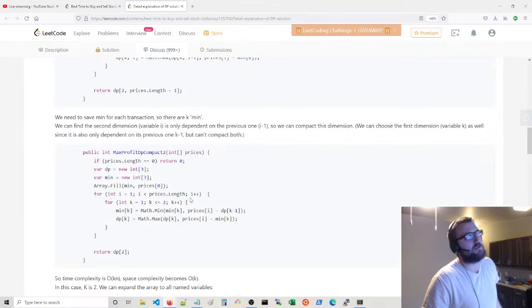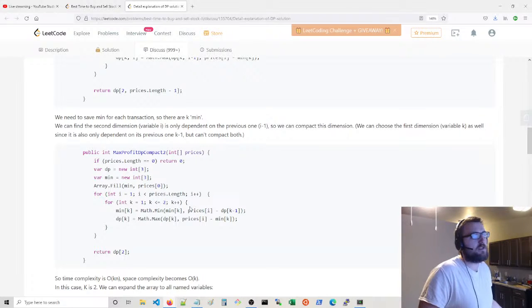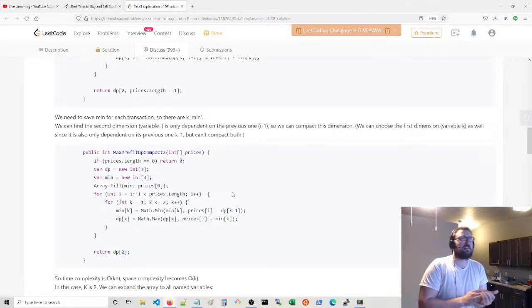I think it's correct, but what? Wait, what? Because you're incrementing k to the right, like you're incrementing k while you're also referring to a previous value of k. That's super confusing.